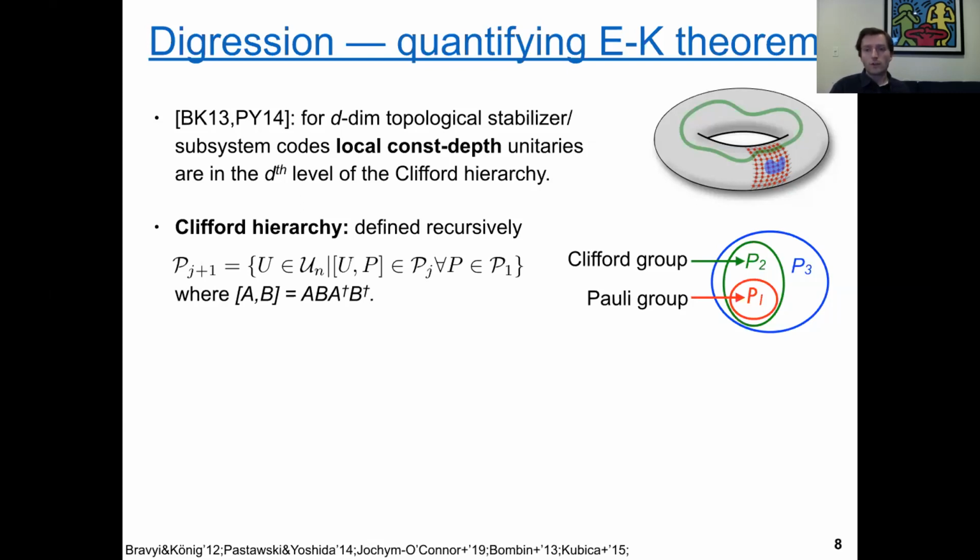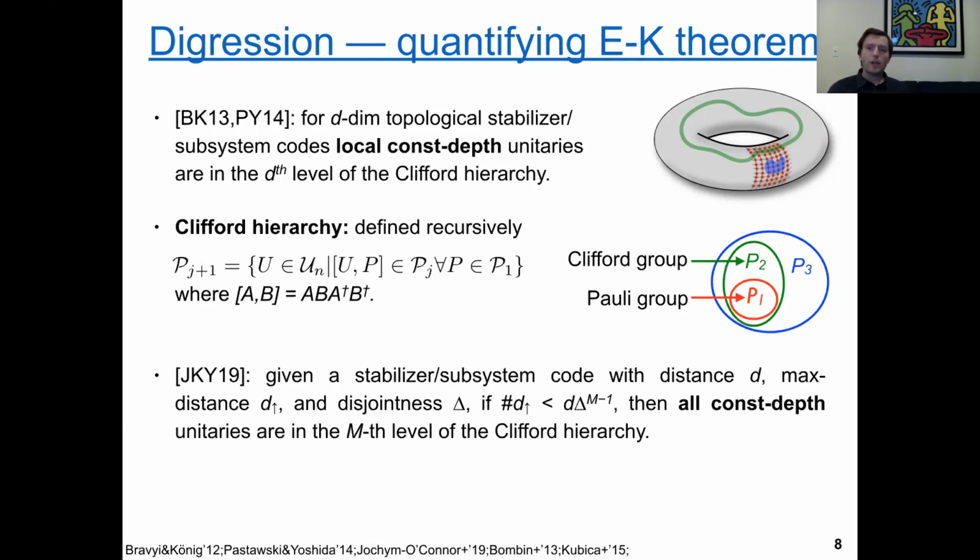Of course, there could be some tricks one can play if we trade the third spatial dimension with time, and then we could have non-Clifford gates in two-dimensional codes, but they would not be implemented by a constant depth unitary. They would be implemented via some process which will take some time.